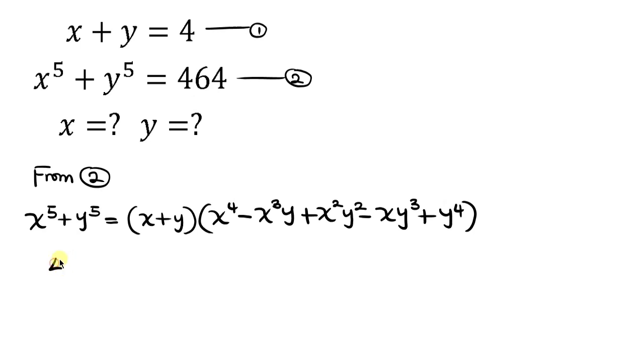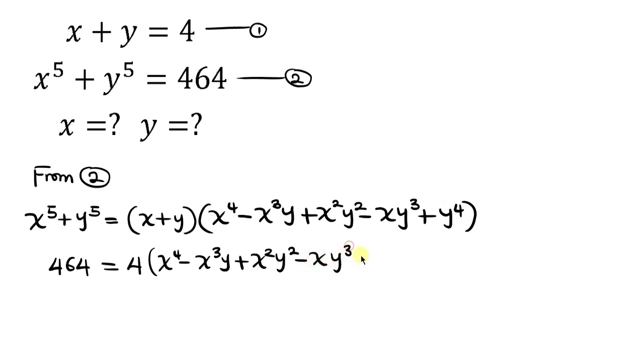So this is 464 equal to x plus y, which is given to us to be 4, times what we have inside of this bracket: x to the 4 minus x cubed y plus x squared y squared minus x y cubed plus y to the 4.